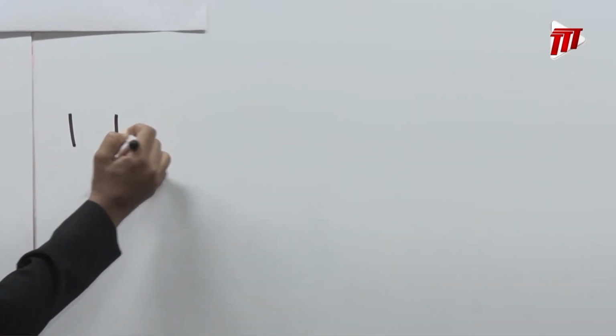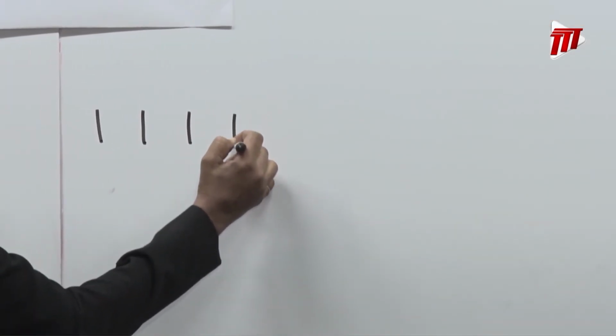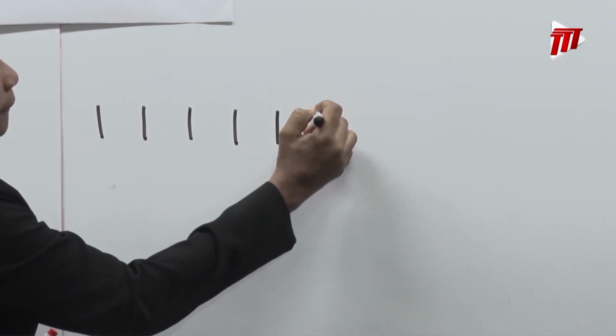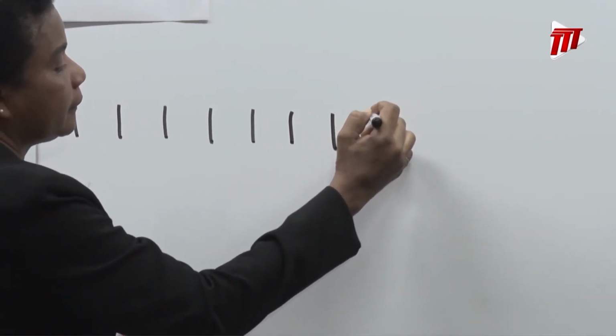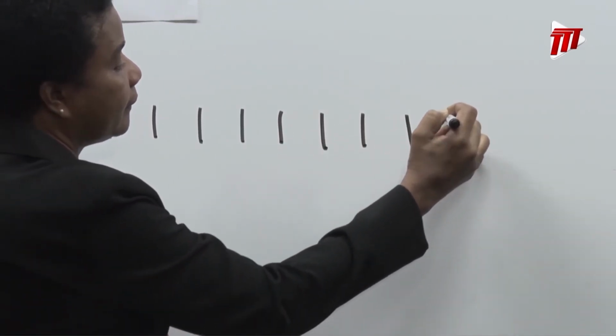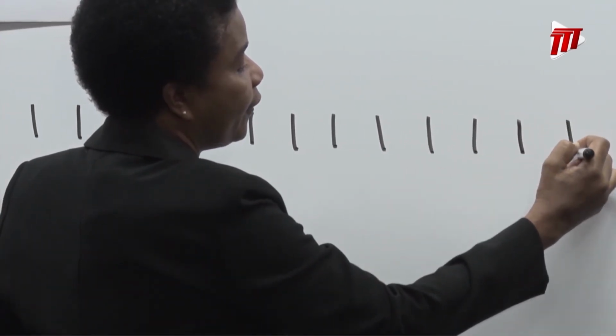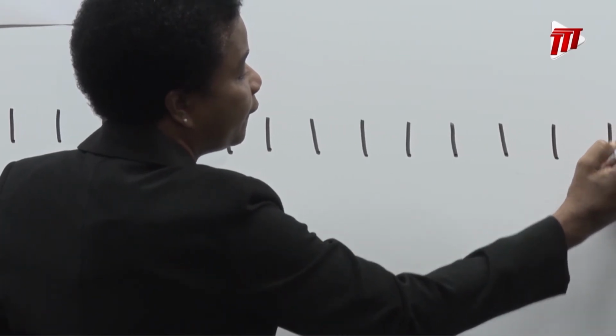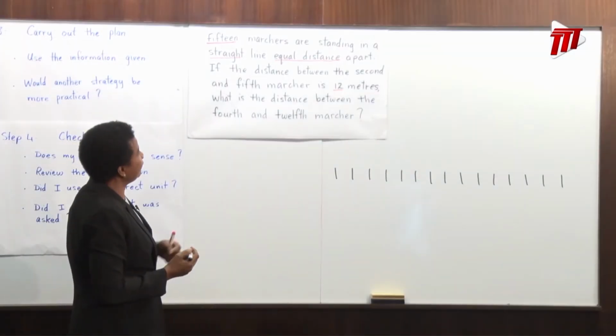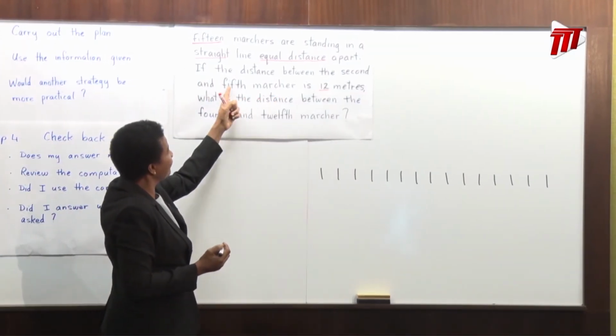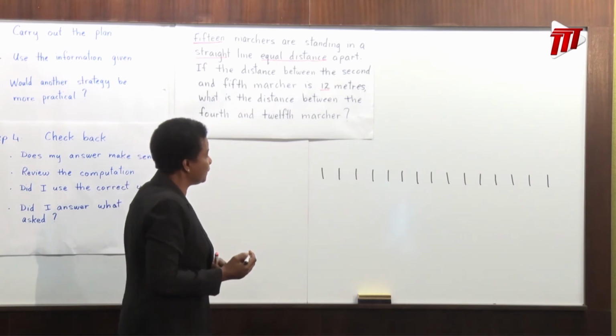1, 2, 3, 4, 5, 6, 7, 8, 9, 10, 11, 12, 13, 14, 15. These are our 15 marchers in a straight line. Now the distance between the second and fifth marcher is 12 meters.